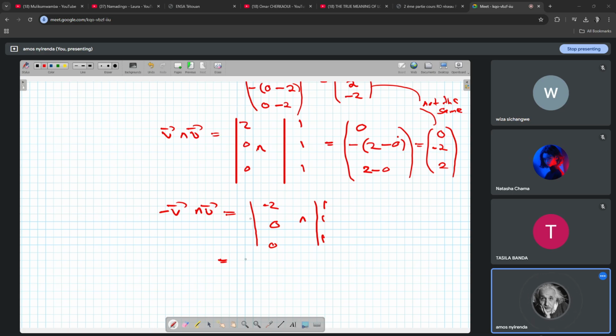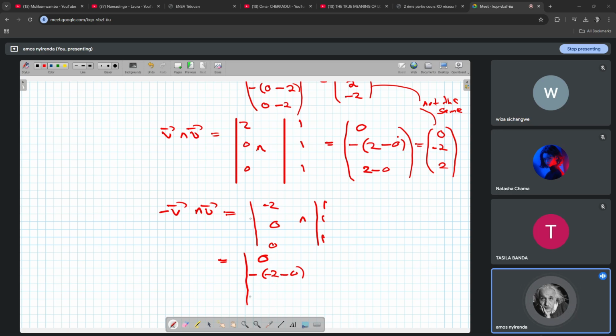Let's now do the vector multiplication here. We get rid of the first line, so we'll have 0, because 0 multiplied by 1 minus 0 again. For the second one, we put a minus in front, and then we get rid of the second line, and we're going to have minus 2 multiplied by 1, and then minus 0 from the other diagonal product.